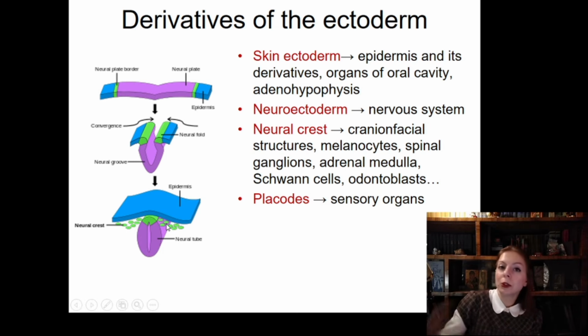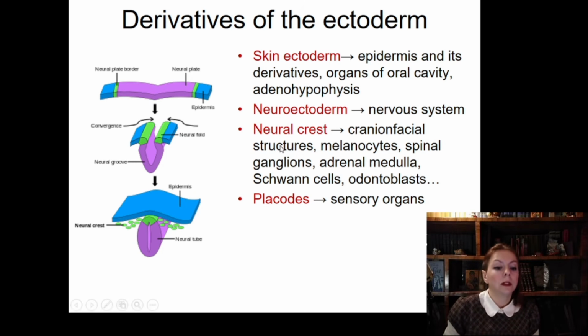After that some of the cells start to migrate, they colonize our skin, differentiating into melanocytes. Imagine, all melanocytes arise from the neural crest, so they migrate far from the source of their origin. And also Schwann cells, odontoblasts, so cells of our teeth, for example, and many others.